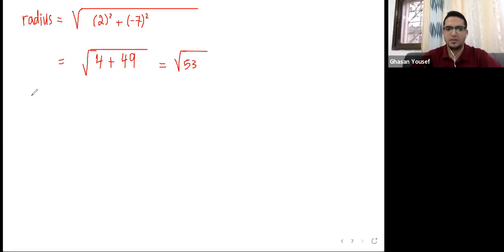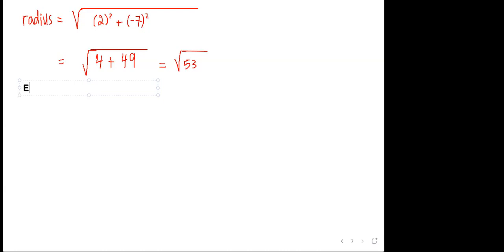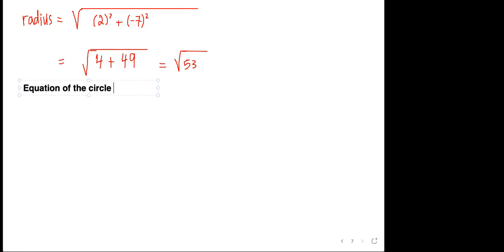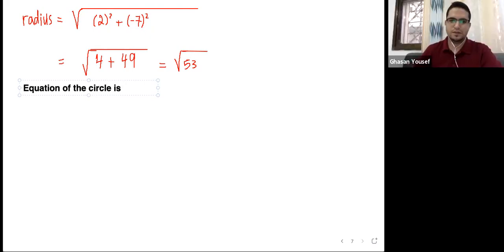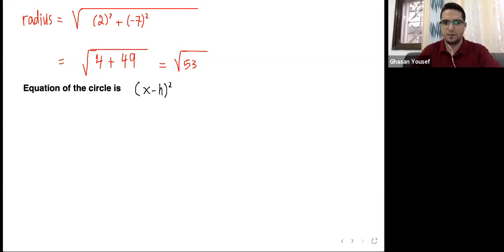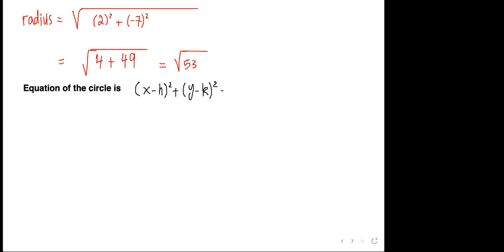So now I can find the equation of the circle. What's the equation of the circle? (x minus h) squared plus (y minus k) squared equals r squared.